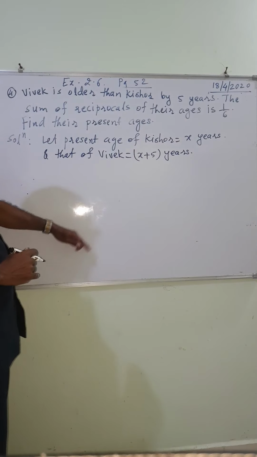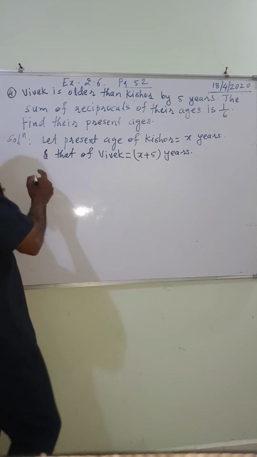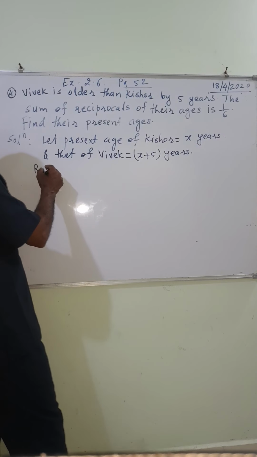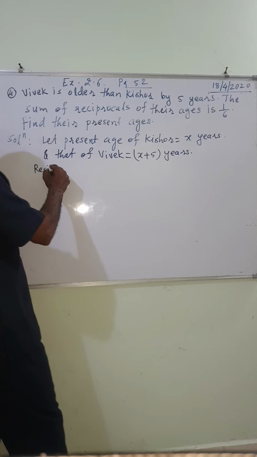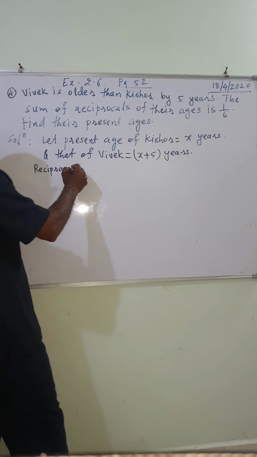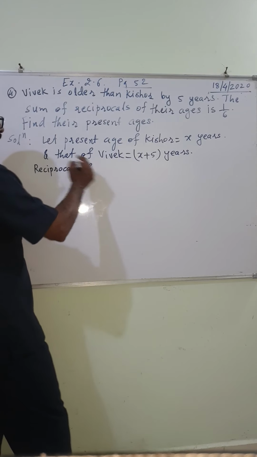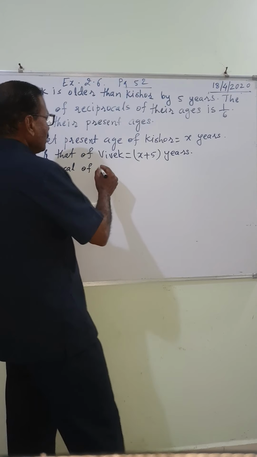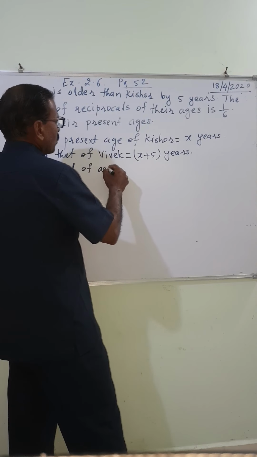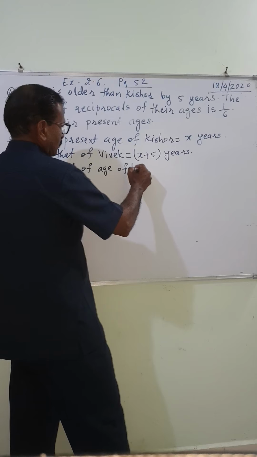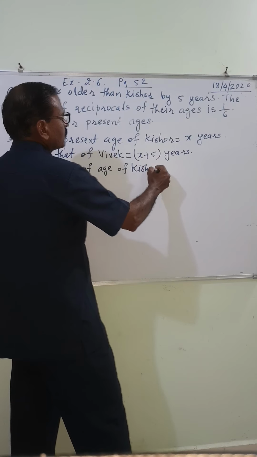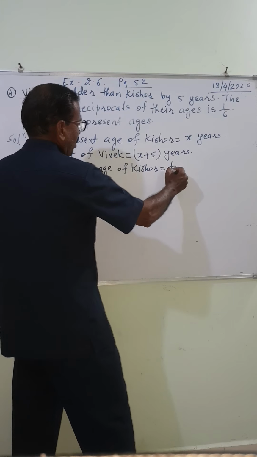Now, sum of the reciprocals. Reciprocal of the age of Kishore equals 1 upon x.